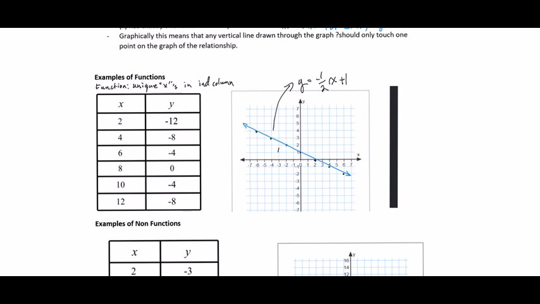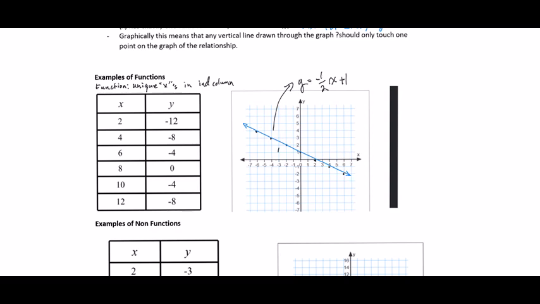Remember what I told you earlier: a function is basically, if I have a vertical line drawn through the graph, it should only touch one point along the graph of the relationship. If you think of this graph, y equals -1/2 x plus 1, the two arrows at the ends of the line mean that it goes on forever.